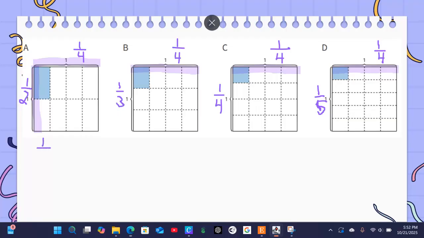We have 1/4 times 1/2. And you should remember from yesterday's lesson that we can also write it as 1/2 times 1/4.